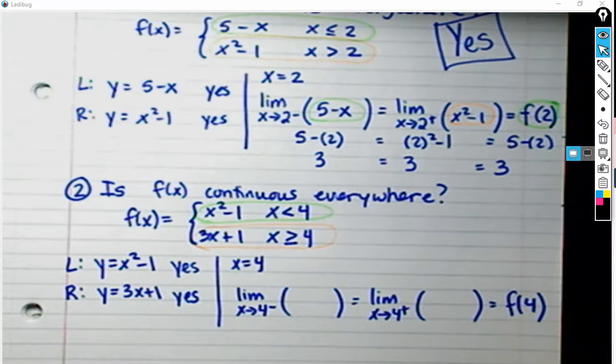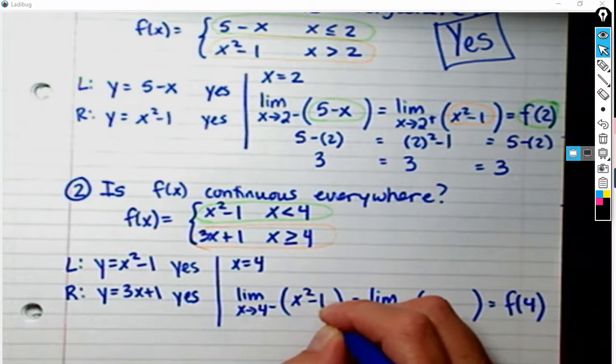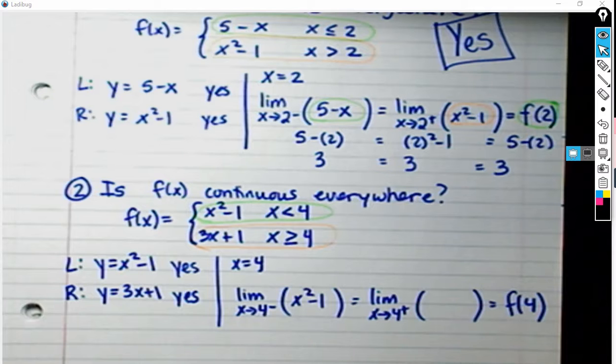All right, Daria, is the left side green or orange? Green. Okay, so x squared minus 1. Dane, what does the left side evaluate to for the limit?